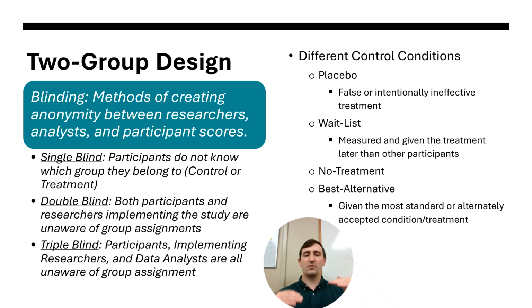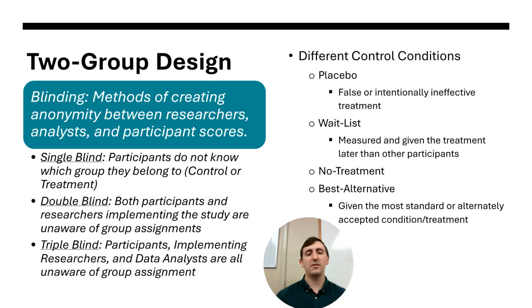It's not just something to beat a placebo, because a placebo is just a sugar pill. But if you can beat what other competitors offer, that really shows the strength of your experimental design, and it shows the strength of your medication too. So between blinding and different control conditions, you can kind of fine tune your two-group design.